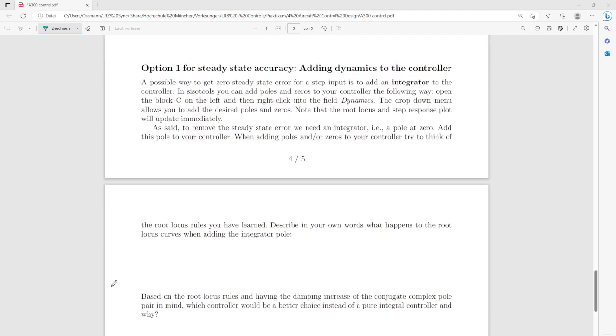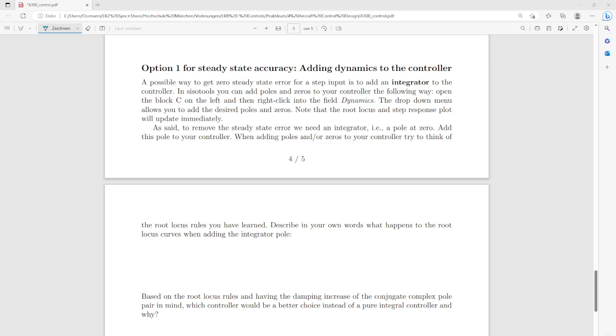What's next? Steady state accuracy. The first possibility, what you should know by now, is we can add an integrator to our controller, and actually that is pretty easy to do in the CISO tools, and this is what we should do. Describe in your own words what happens to the root locus when adding the integrator pole.